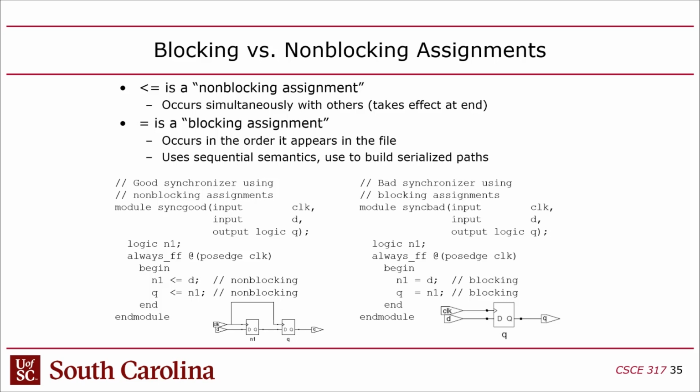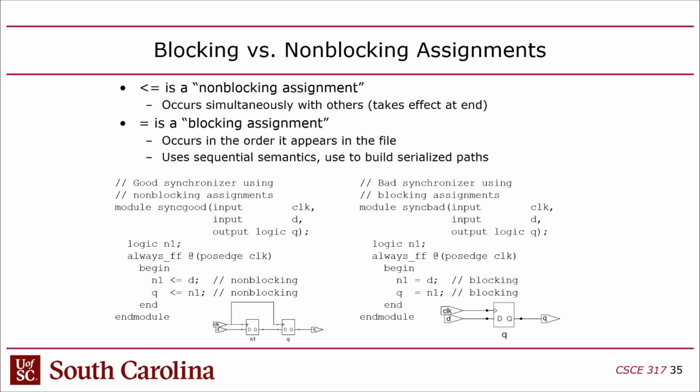So in other words, all the outputs are assigned at various points in the always block, but it doesn't take effect until the end of the always block, right? Whereas with a blocking statement, if I set N1 and then I later use N1 in the same always, the code will be compiled as if I'm seeing the updated N1, right?